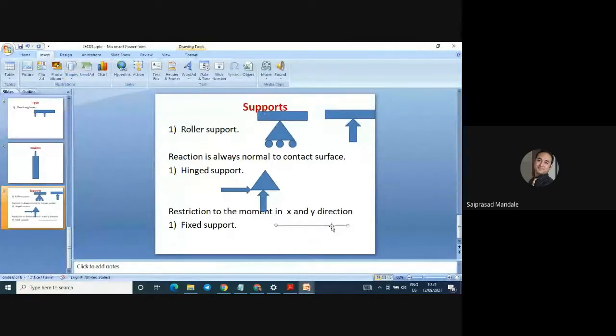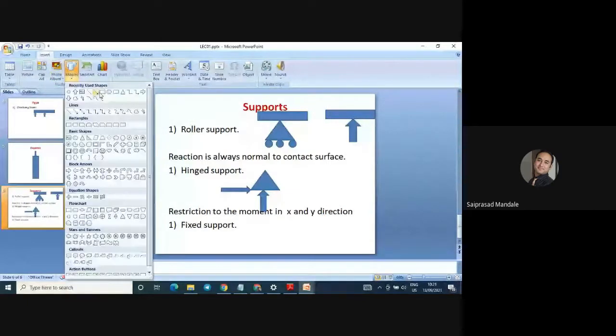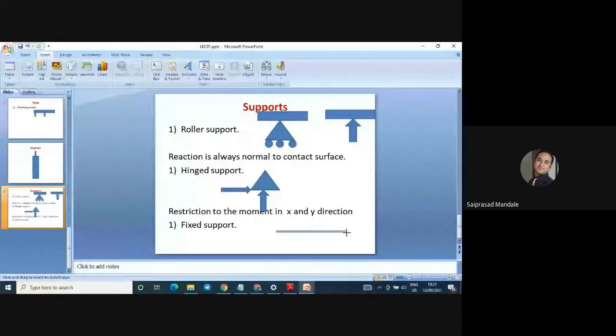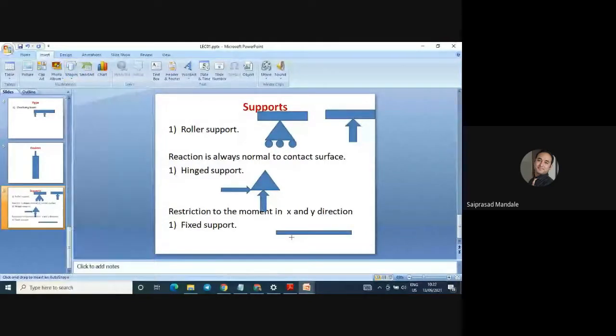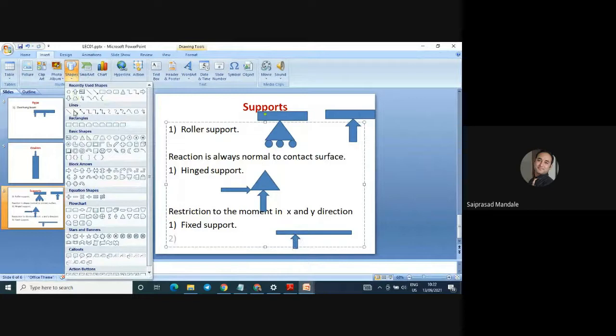Let me draw a beam directly over there. There is a beam, and such a beam has different types of reaction in vertical and in horizontal directions.